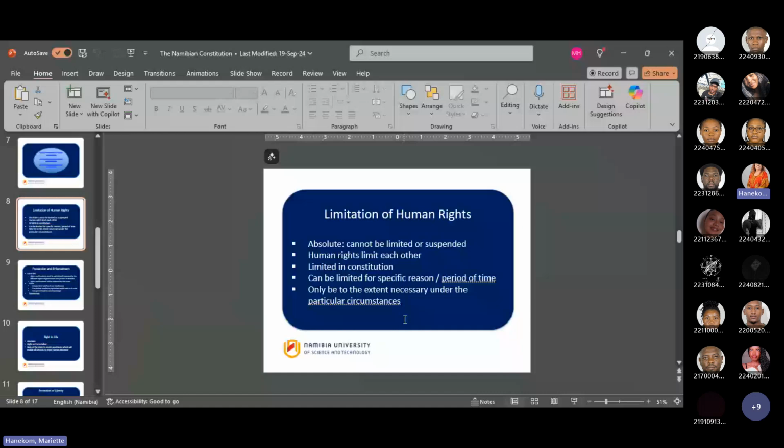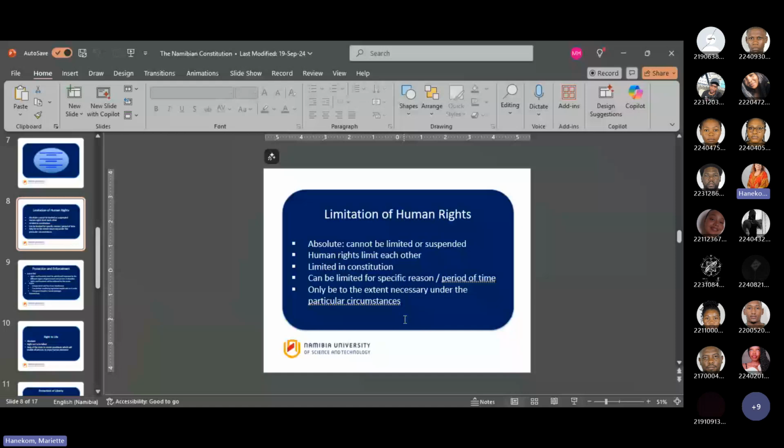Parliament cannot pass a law permitting the death sentence because that would be against the human right to life, which cannot be limited or suspended. Life and dignity are absolute. All other human rights limit each other.